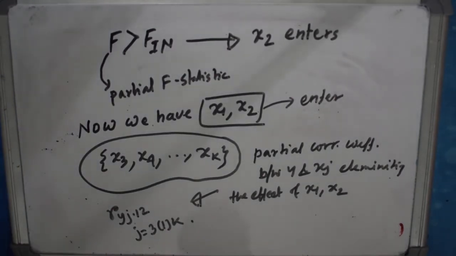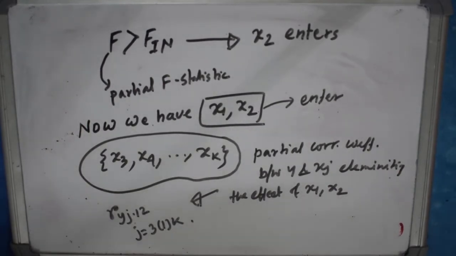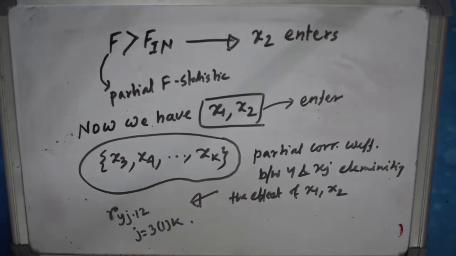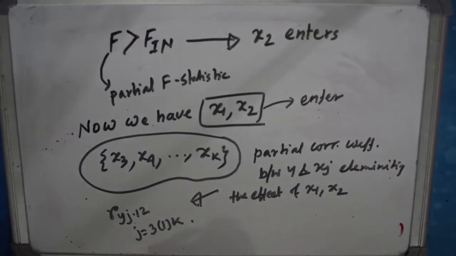Then we compute the partial F statistic. If the partial F statistic is greater than Fin, then we enter the new explanatory variable.